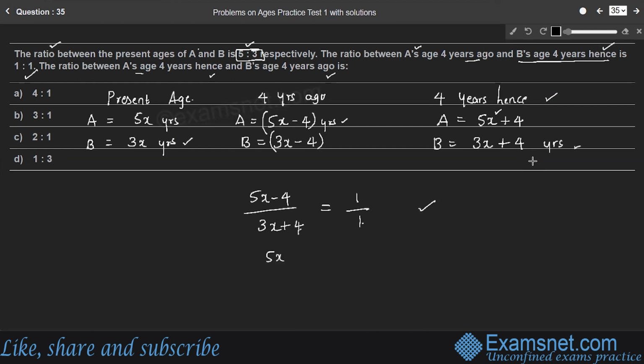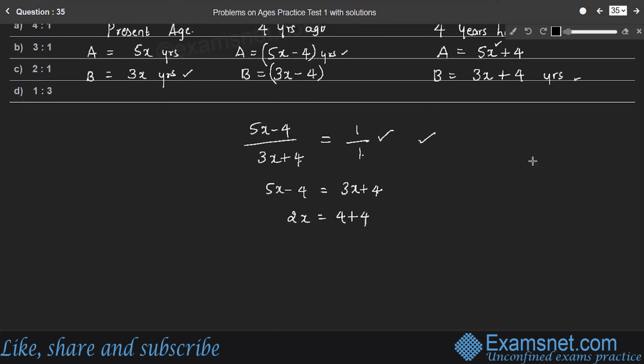So 5x minus 4 is equal to 3x plus 4, because the ratio is 1:1. So 5x minus 3x becomes 2x, is equal to 4 plus 4, which is 8. Therefore, the value of x is 8 by 2, which is 4.